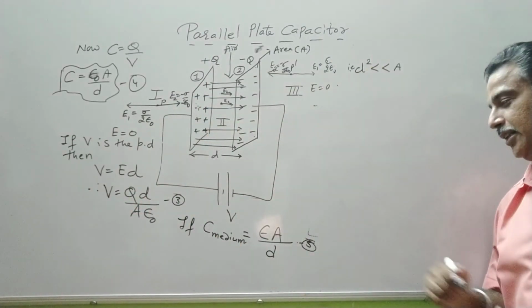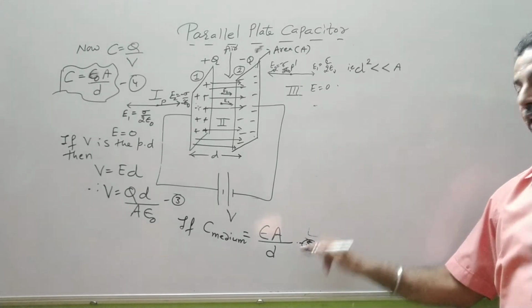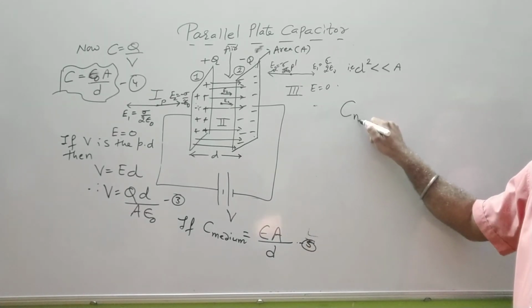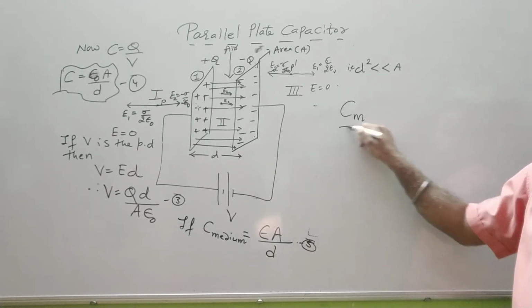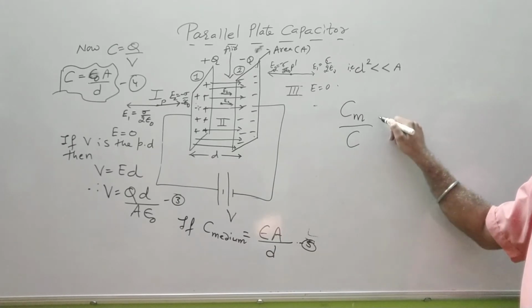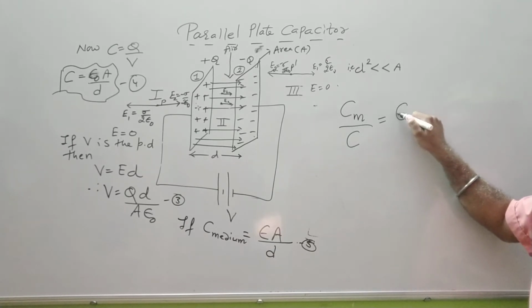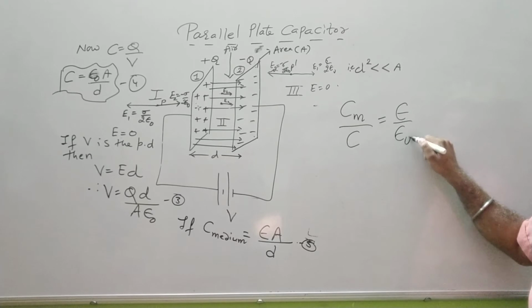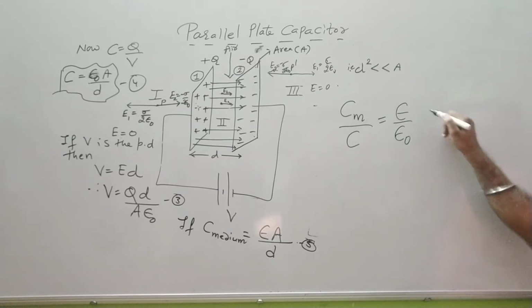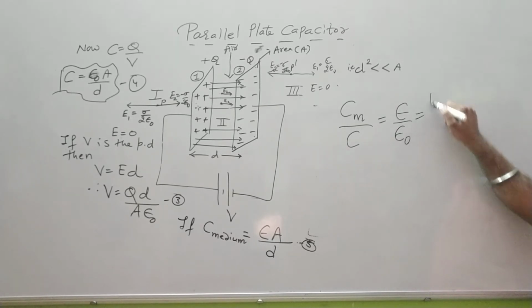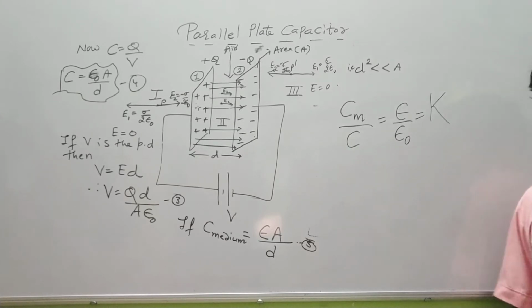so let us take the ratio, C medium upon C, then it comes out to be epsilon upon epsilon naught, and this ratio we know is known as the dielectric constant.